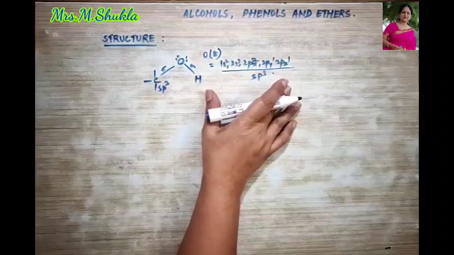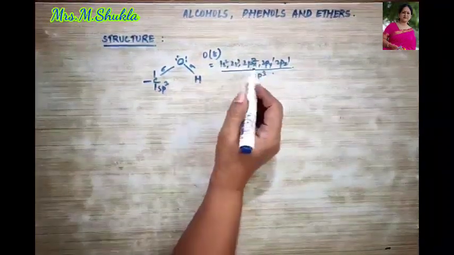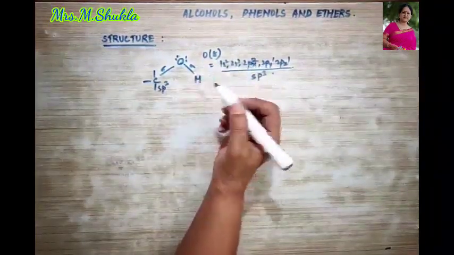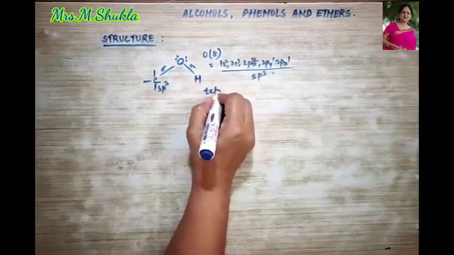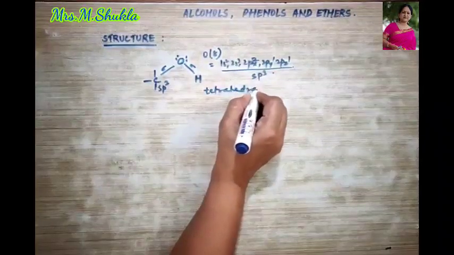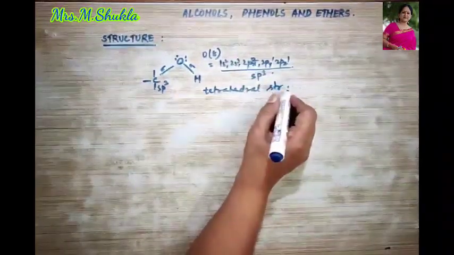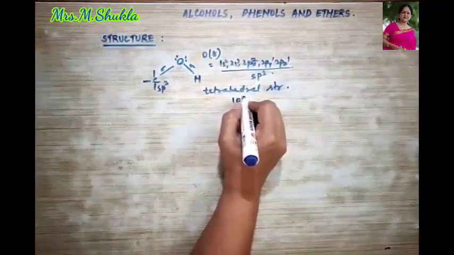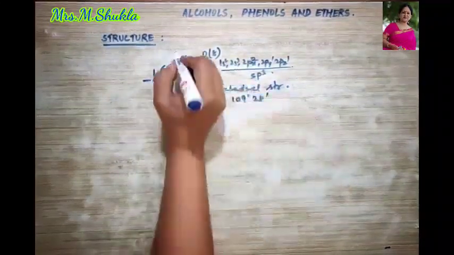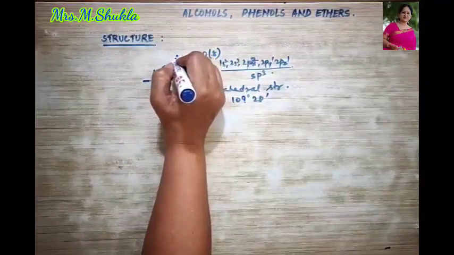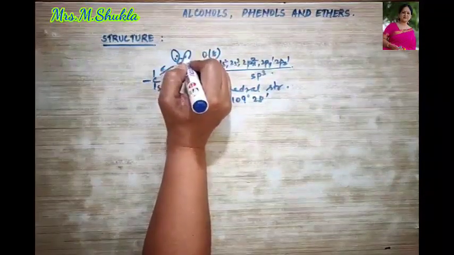Clear? Thus, what do we see here? If oxygen is sp3 hybridized and carbon is sp3 hybridized, then the structure shown over here is a tetrahedral structure, and a tetrahedral structure has what angle? 109 degrees 28 minutes. But what do we see over here at oxygen? There is a lone pair.